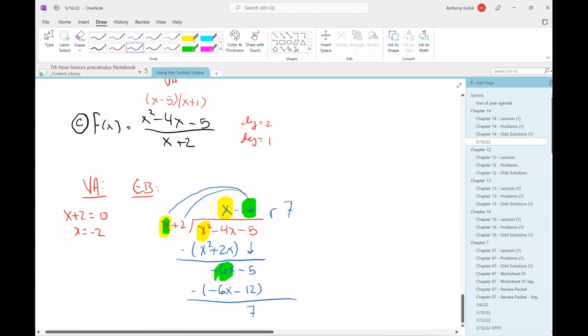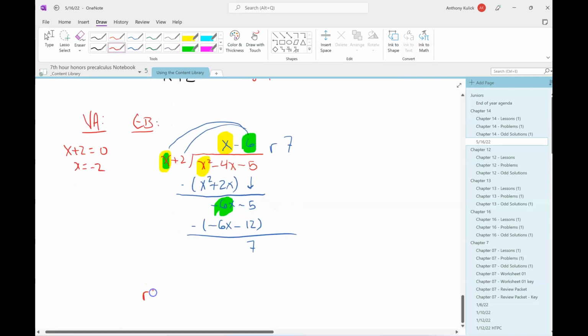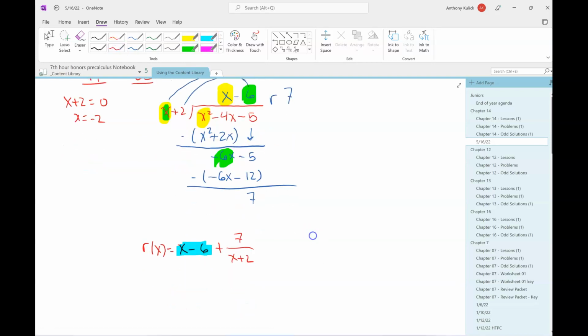So that I have a remainder of 7. So what this says then is that r of x could be written as x minus 6, that's the quotient, plus 7, the remainder, over x plus 2, the divisor. Now the piece that we care about is the quotient.